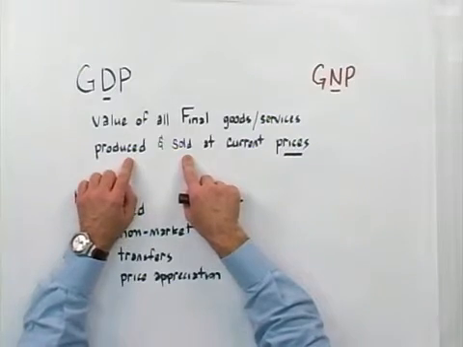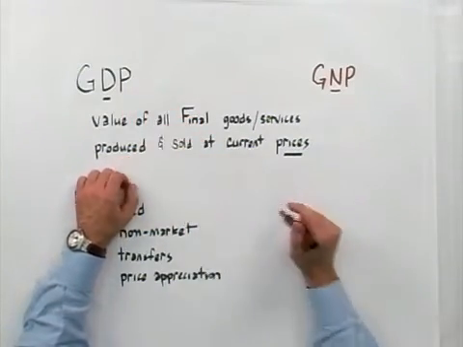Now, GDP is a single number. It's a single number that is intended to some extent to measure the level of welfare and standard of living in a particular country at a point in time. There are a couple of features about GDP that you should be aware of.